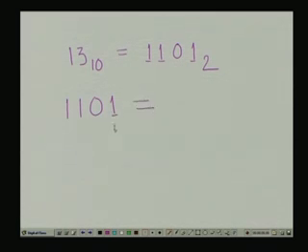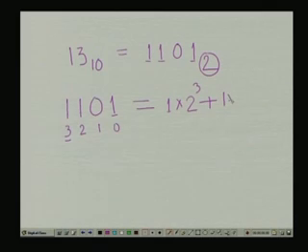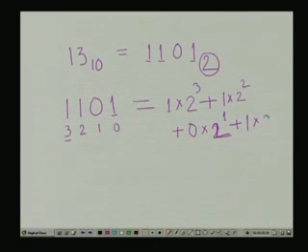See, this is my 0th position, this is my first position, 2 and 3, this is in base 2. So, what will be the thing? This 1 into 2 to the power 3, because place value is 3, then coefficient 1 into 2 to the power 2, then plus 0 into 2 to the power 1, plus 1 into 2 to the power 0.